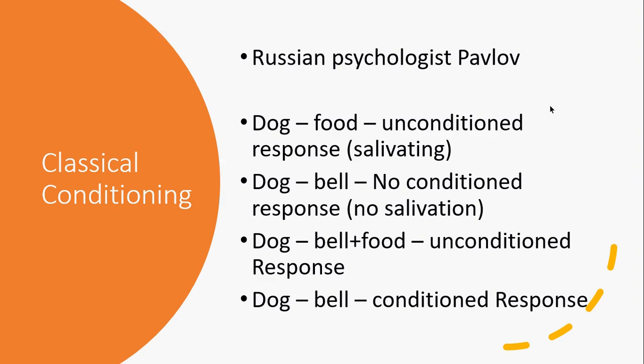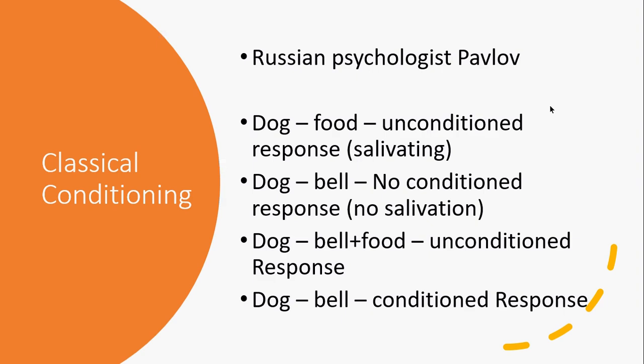In the next stage of experiment, the bell and the food were brought together. The bell started ringing and the food was brought at the same time. At this stage, it was unconditioned response. The dog does not know that the ringing of the bell and the food are closely associated.